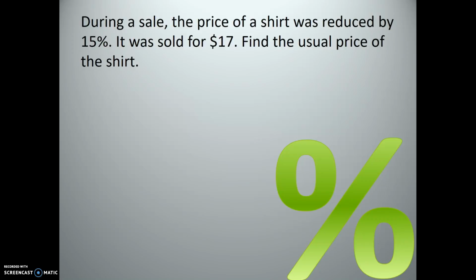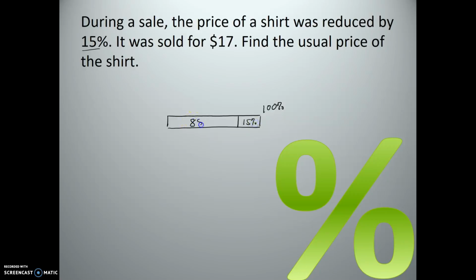So our first word problem says that during a sale, the price of a shirt was reduced by 15%. It was sold for $17. Find the usual price of the shirt. Okay, so if we draw a bar model here that equals 100%, and we read our word problem, it says that the price of a shirt was reduced by 15%.